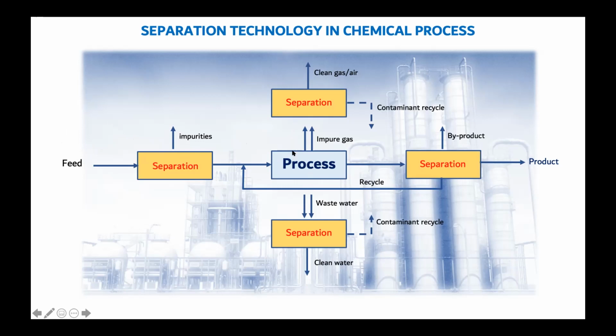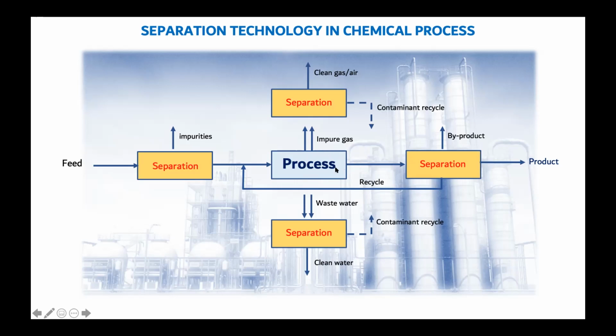After we do the reaction in a reactor, as Pak Makerti or Bu Melia explained, sometimes the product won't be 100%. Sometimes there is a maximum conversion, and the unreacted reactant will flow outside the process, so this is also impure.